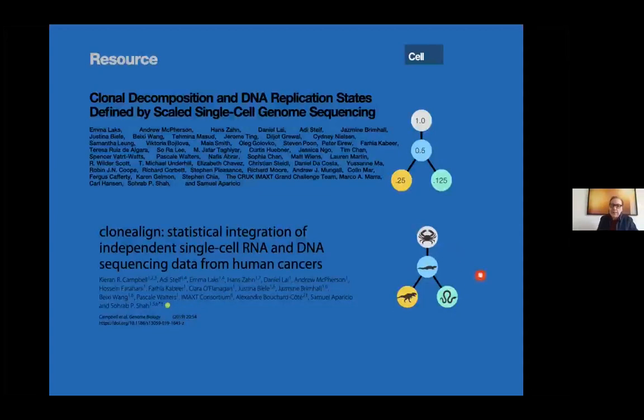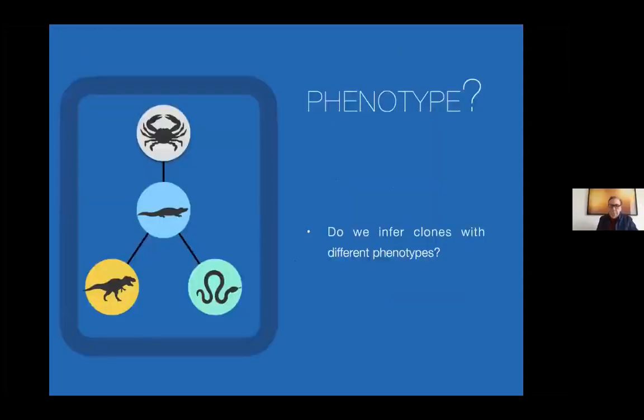So you can sort of see the phenotype of the clones. And we get that for free because we work with RNA data directly. So we get their expression profiles directly.